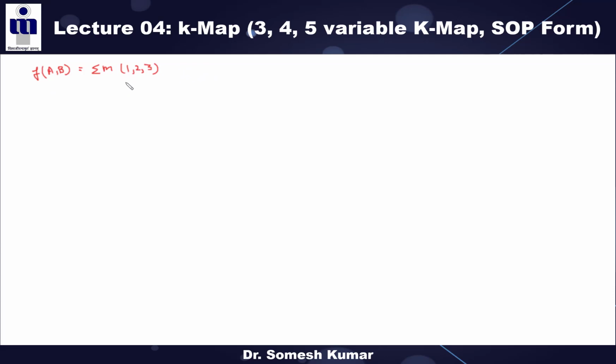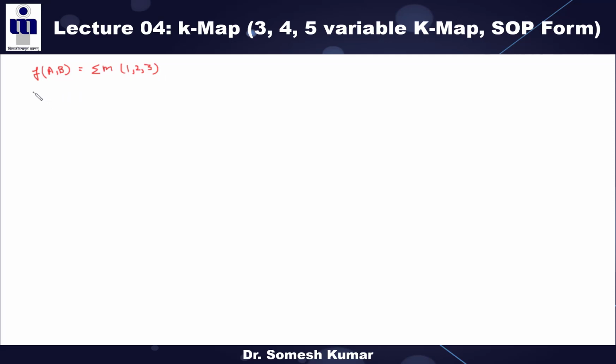So this is sigma m, sigma small m, your SOP form, standard min terms. Here the min terms are 1, 2, 3. So what is the meaning of this? At positions 1, 2 and 3, this function is 1, right?